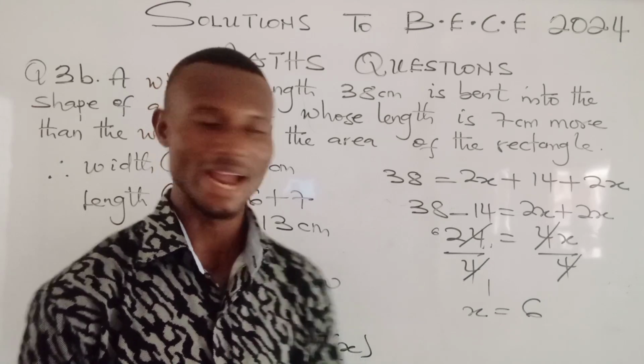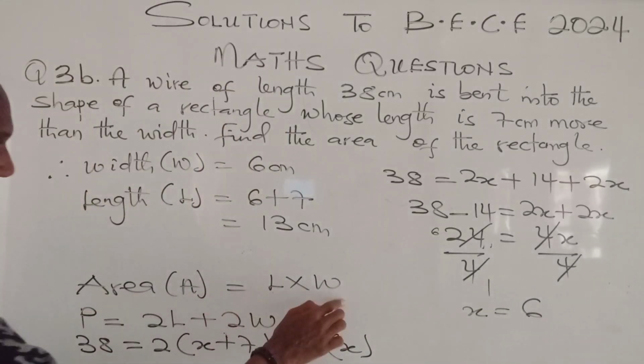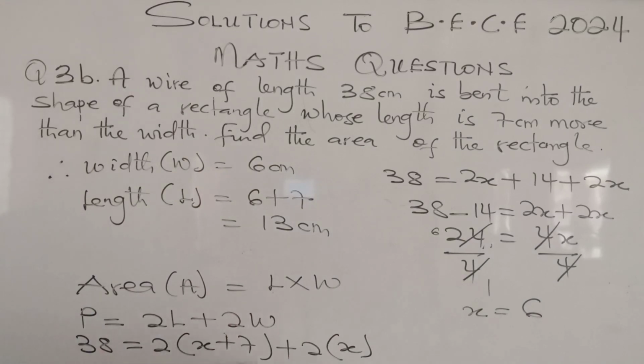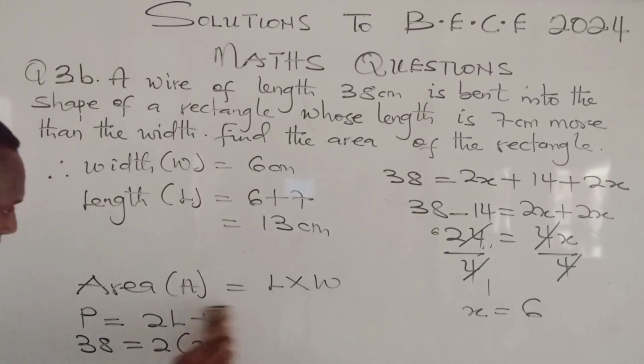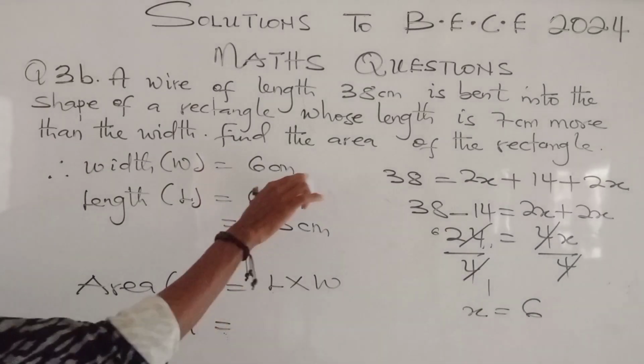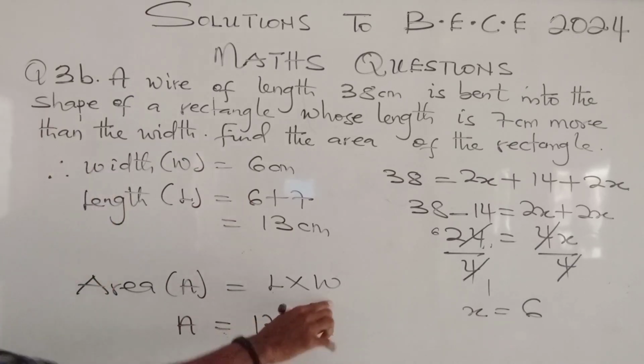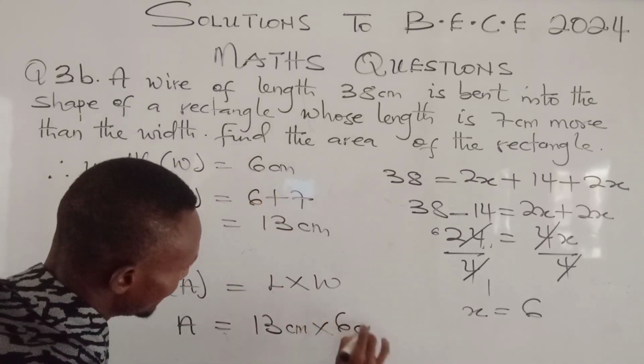How do we find the area? We've written the formula on the board. Area equals to length times width. Okay, so I'm going to clean this side so that we can have enough space to solve for the area. Okay, so my area that I'm looking for, which is the A, will be equal to the length, which is 13 centimeters, times the width, which is 6 centimeters.